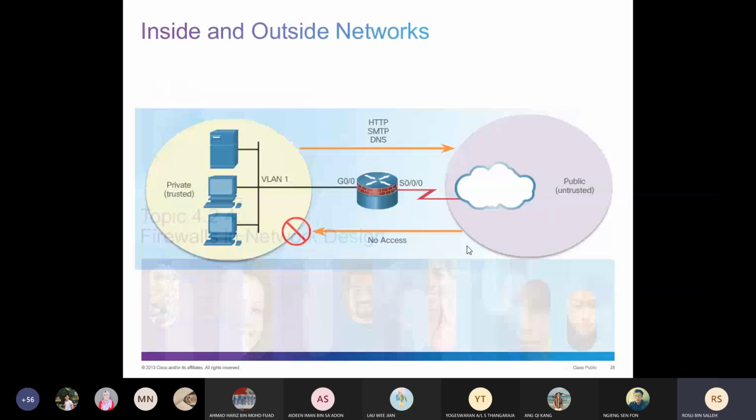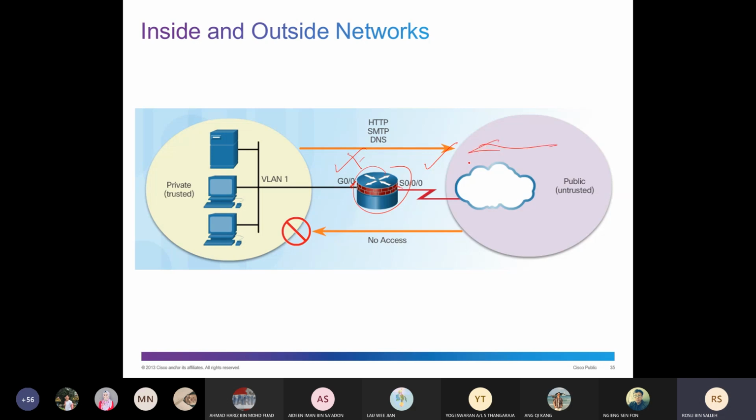Firewall in network design. We have inside and outside network. You know that we have a firewall. This is your inside network, this is your outside. So you want to protect your inside network from people from the outside. So basically, normally we want to allow everything to go out, and then we don't want people to come and access your network.